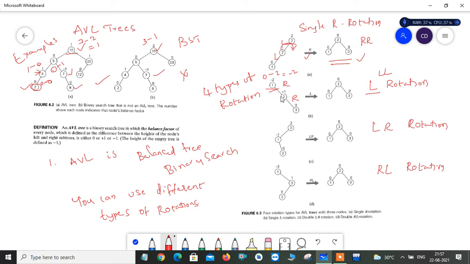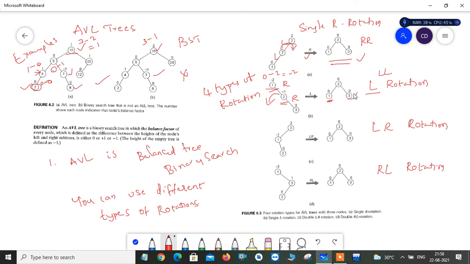What your L rotation says is, at whichever node you find your tree is unbalanced, you can rotate to the left. When I perform the left rotation, 2 becomes the left child of this node. After that you can find the balancing factor for this node. See here, at this level the balancing factor is 0.